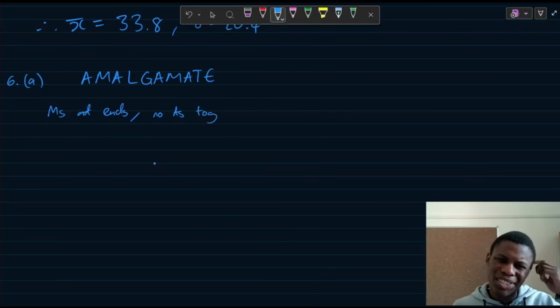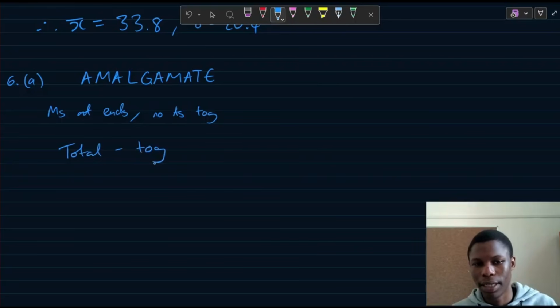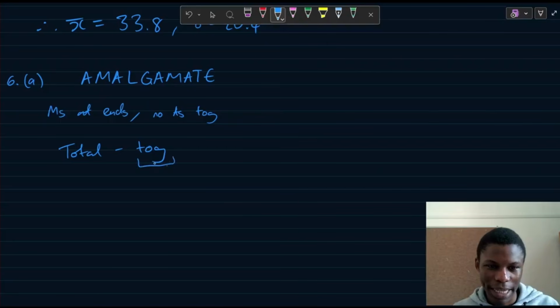Okay. So one way we could do this is to approach the question as you'd normally approach a question in which you're finding no letters together, where you're going to do the total minus the together version, right? But here, if we're going to go that approach, then what does together actually mean? If we read the question, they're saying no A's together, so I can't have even two A's next to each other.